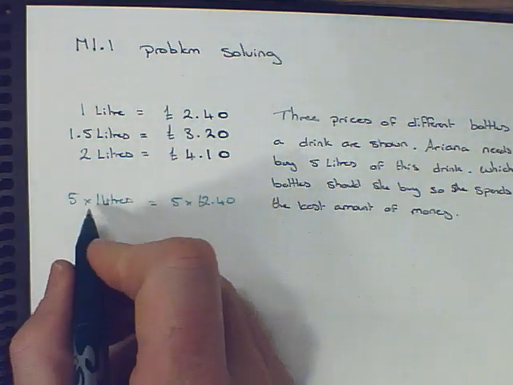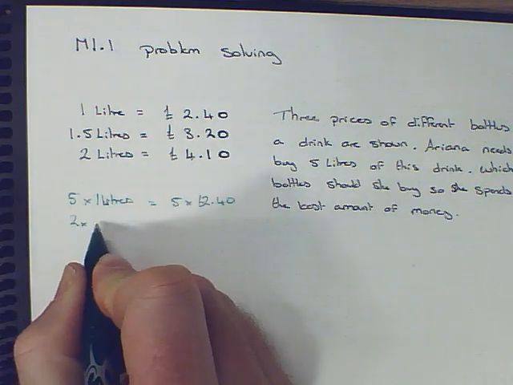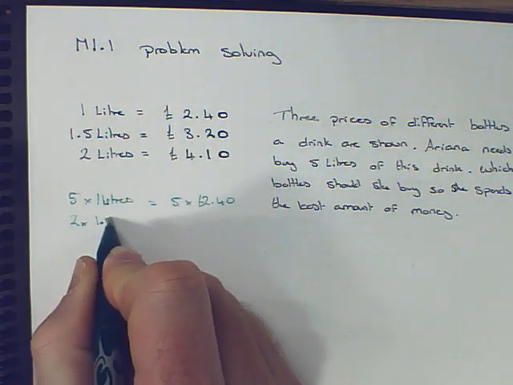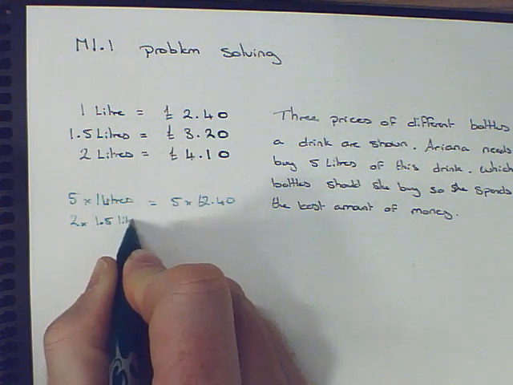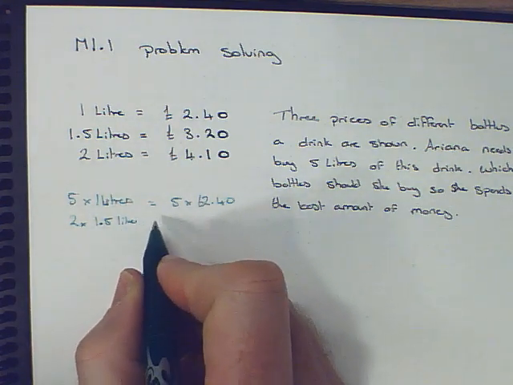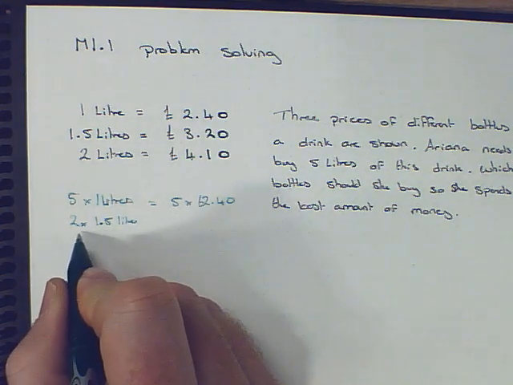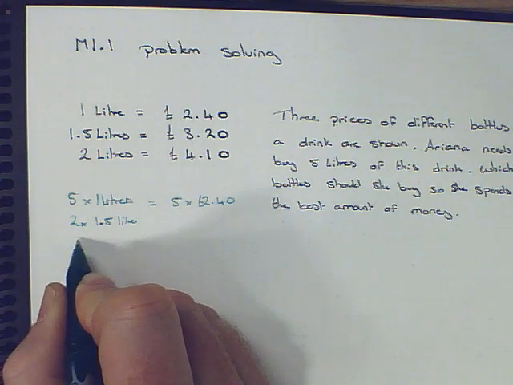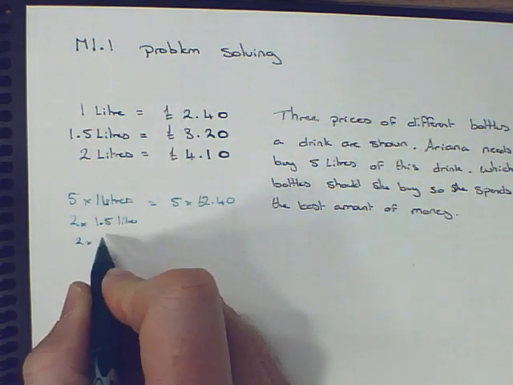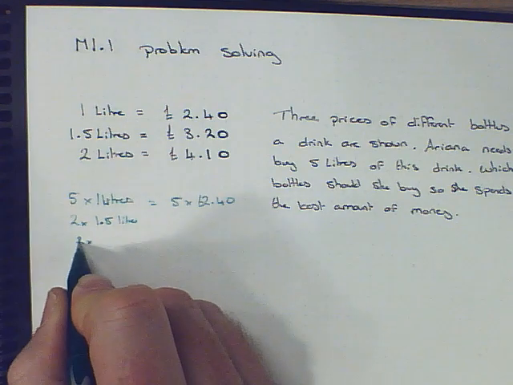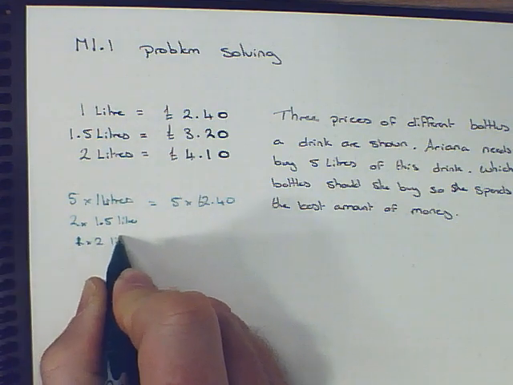We could purchase 2 of the 1.5 litres and then 1 multiplied by the 2 litre. We could put those two together.